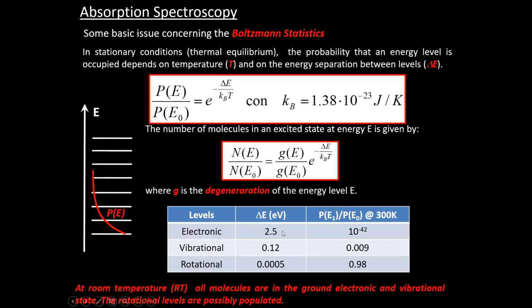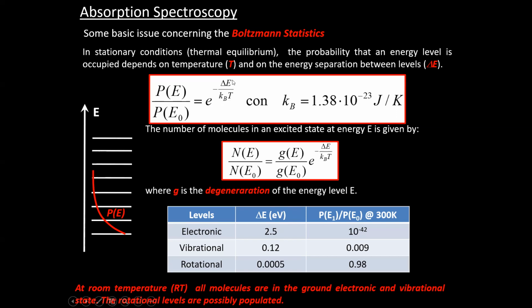Now, if you calculate the ratio of the probability to be in the first excited state divided by the probability to be in the ground state, so the probability to be in the state E1 divided by the probability to be in the state E naught, you have to calculate e to the minus the energy difference, that is 2.5 electron volts, divided by kBT.